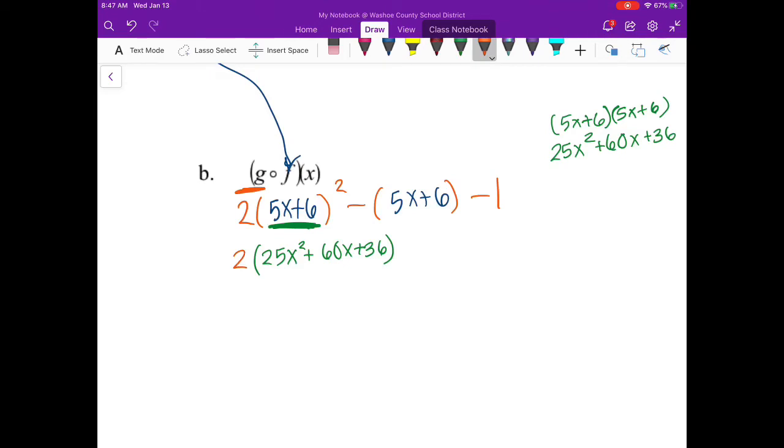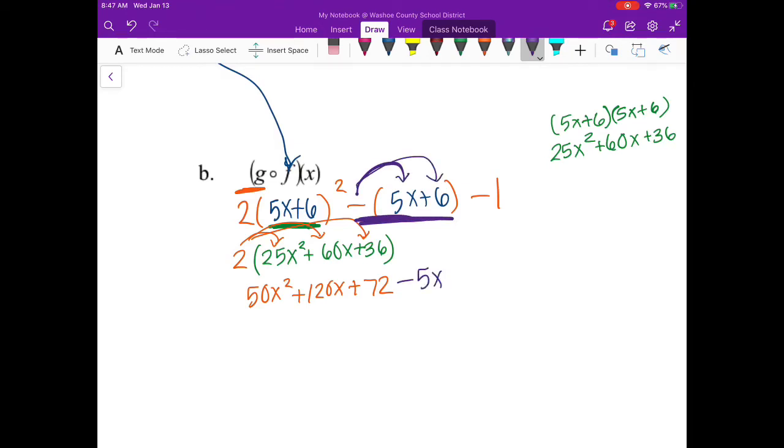Okay, when I distribute the 2, I get 50x squared plus 120x plus 72. And then we still need to take care of the rest of this. So this minus needs to be distributed. So I have a minus 5x, minus 6, and then this minus 1 can just come down.